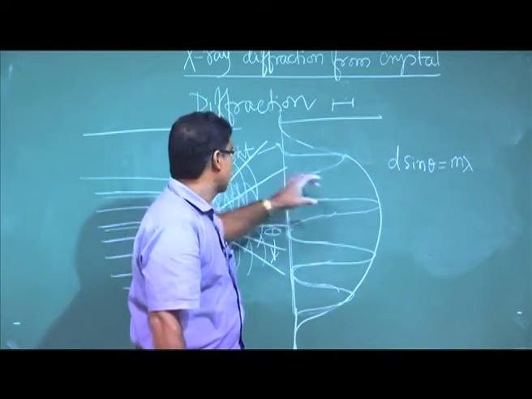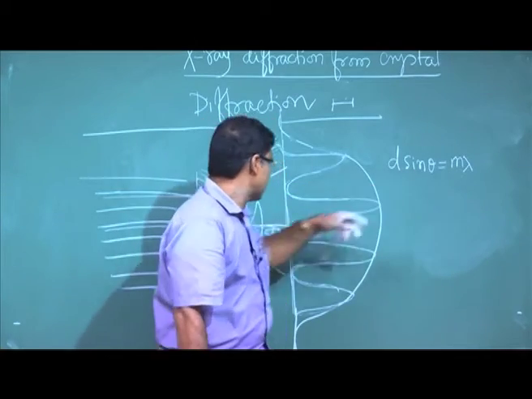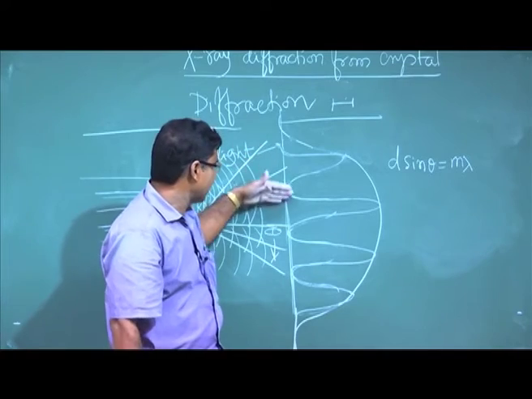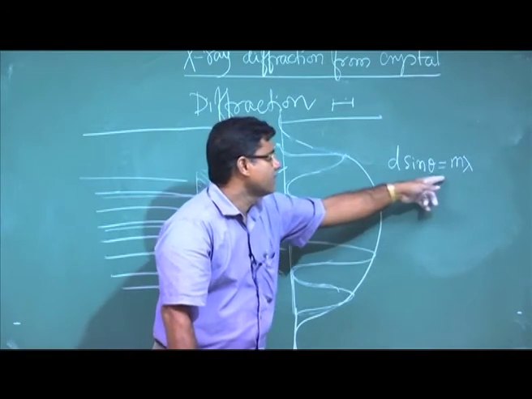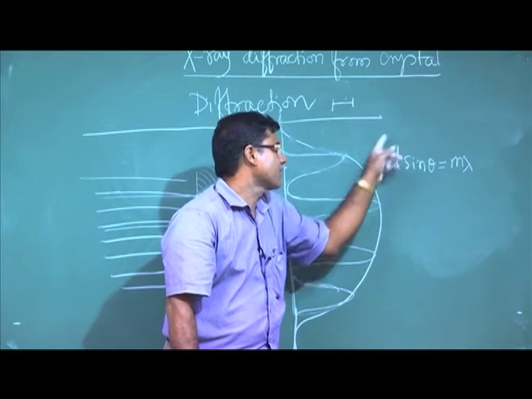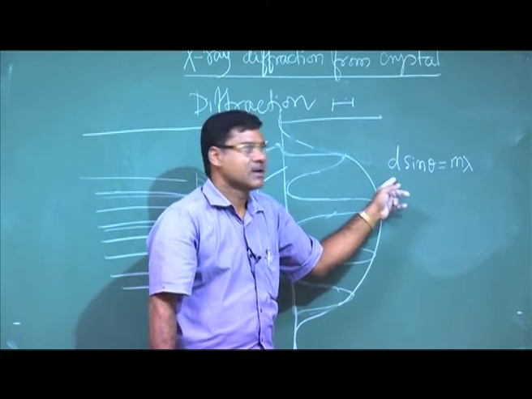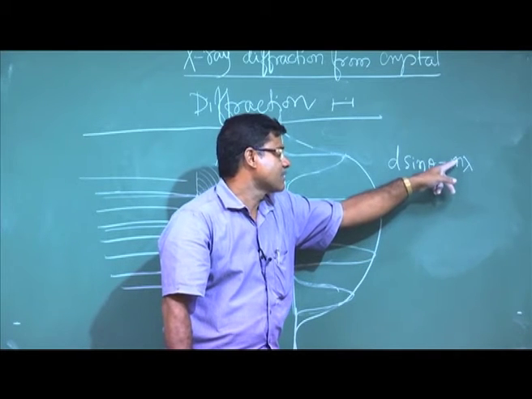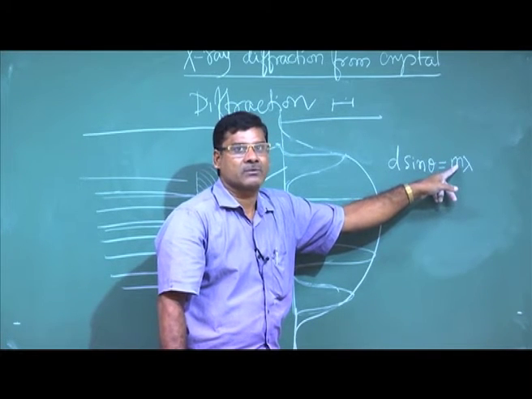Here d is the grating element and theta is the diffraction angle, at which we get the maxima. For a particular wavelength, when this condition is satisfied, we get different maxima for m equal to 1, 2, 3, 4.